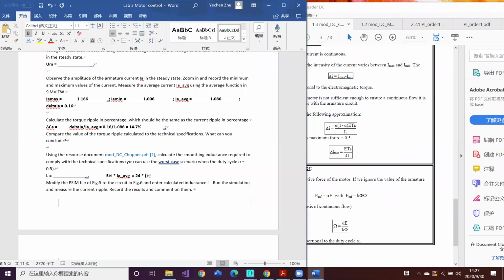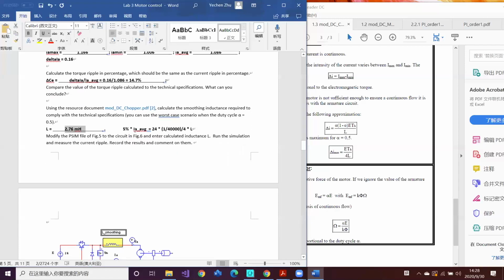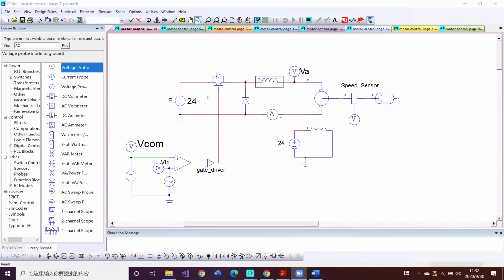So it's 1 over 40,000 kilohertz. And the lower part is 4 times inductance. So solve this equation and you will get your inductance. My inductance is 2.76 milli. Don't use the same value as me. I know you have a different average value from me, so calculate your own value.